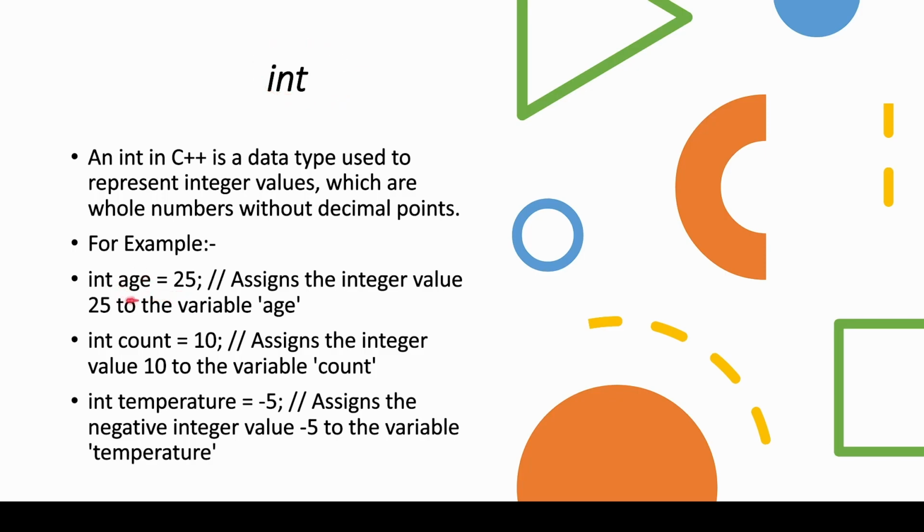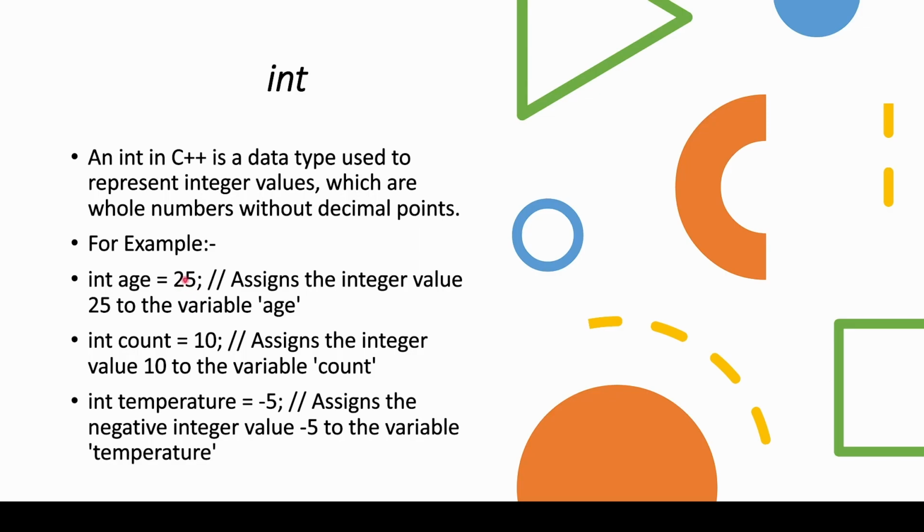So here are a few examples. Whenever we use this data type int, we first write the type of the data, which is int, and then the variable. So here I take the variable as age, and this is the assignment, and this is the value which I want to store in the variable, which I take as 25.